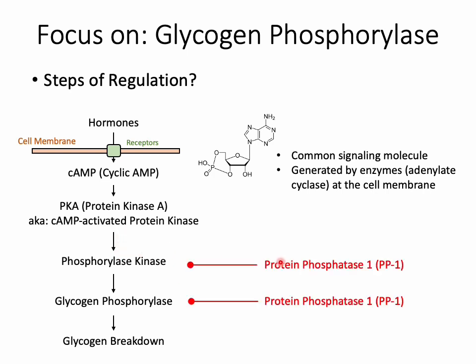Conversely, they can be deactivated by protein phosphatase 1, or PP1. This is the same protein phosphatase we saw earlier when we were looking at the regulation of glycolysis. So again, this is an overall scheme showing the regulation of glycogen breakdown all the way from the hormones, all the way down to our glycogen phosphorylase enzyme.